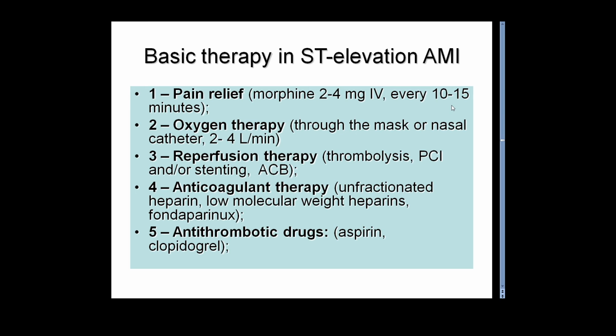May be two methods: pharmacological restoration of coronary circulation with usage of thrombolytics, and surgical method of restoration of coronary circulation, percutaneous coronary intervention and/or stenting, and CABG, coronary artery bypass graft.